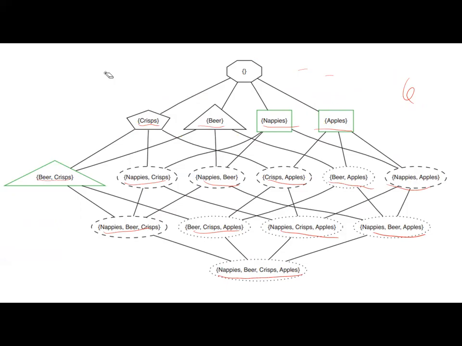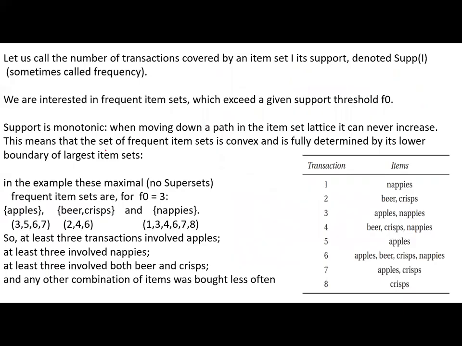Next, let us call the number of transactions covered by an item set I as its support, denoted by SUPP of I, sometimes called the frequency. We are interested in frequent item sets, which exceed a given support threshold F0.